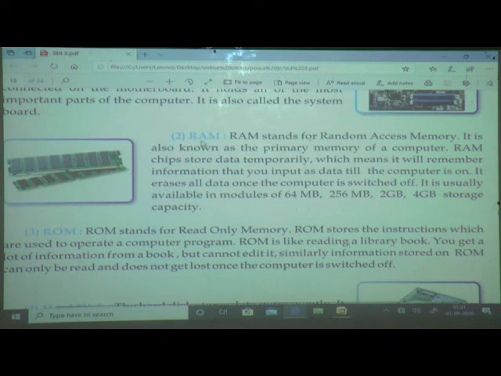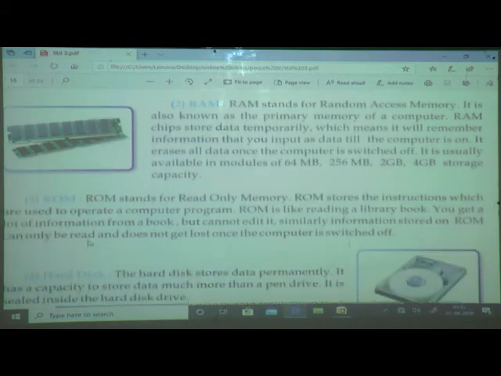In ROM we cannot erase the data, but in RAM, once the computer is switched off, it erases the data. But in ROM, read only memory, it does not erase the data once the computer is switched off.